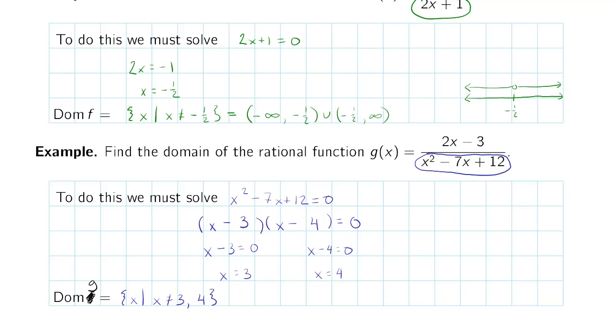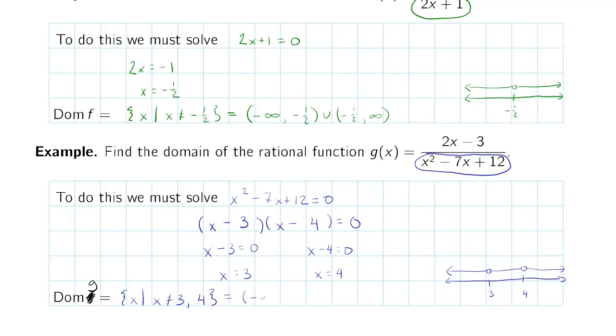Again, that's how we would write this for a human. Computers just love their interval notation. So if we're going to put this in a computer, we want to write interval notation for the set that misses just 3 and 4. So it extends all the way to the left, misses 3, gets everything between 3 and 4, misses 4, extends all the way to the right.